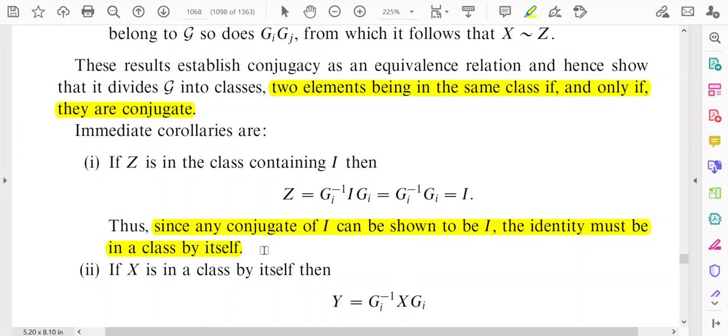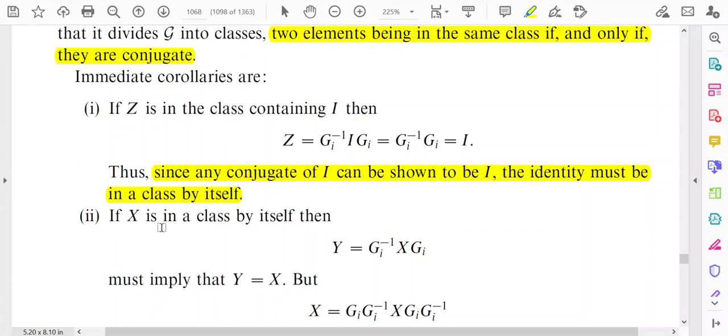In the class containing the identity there will be only the identity element, and the conjugate of the identity element is the identity element itself.